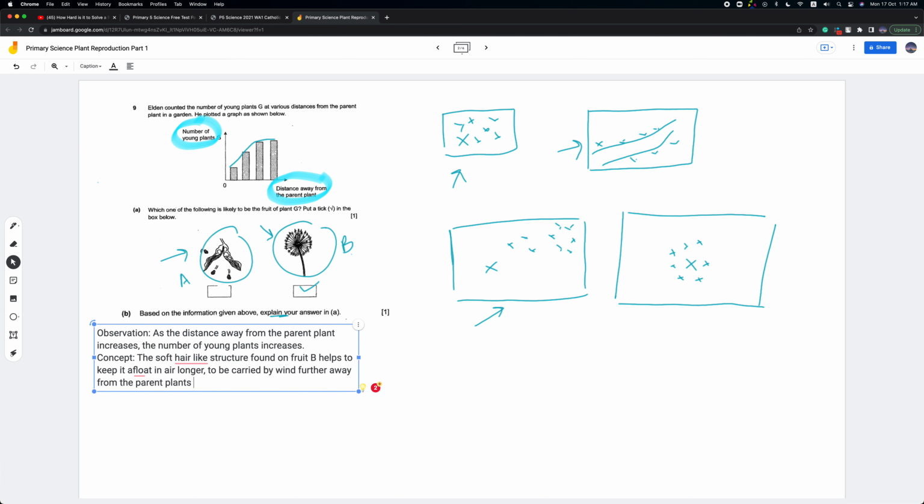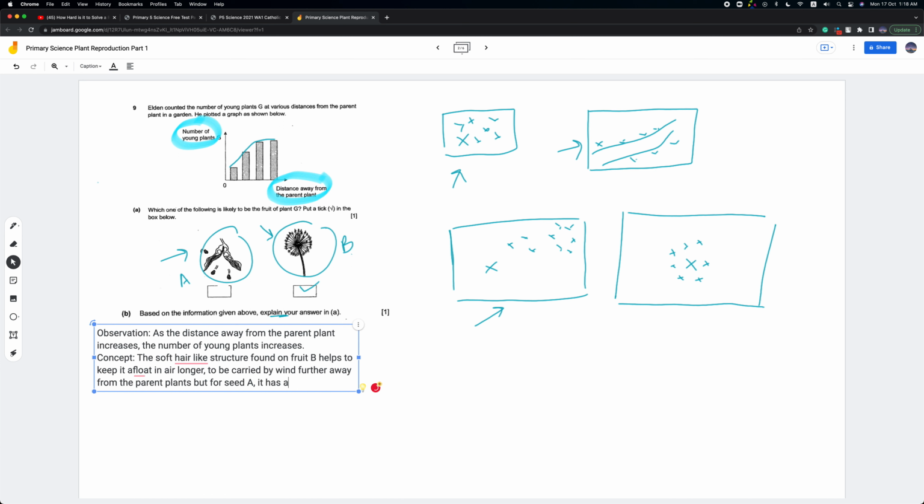There's more than one seeds. So you need to sort of back up your answer why you choose B. Okay, not just by giving the explanation for B, but you also need to give why you don't choose A. Okay, but for seed A, again, this is a key phrase.